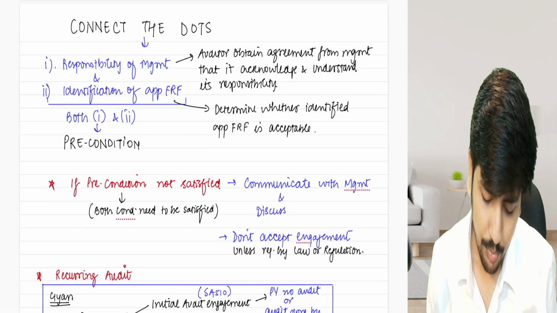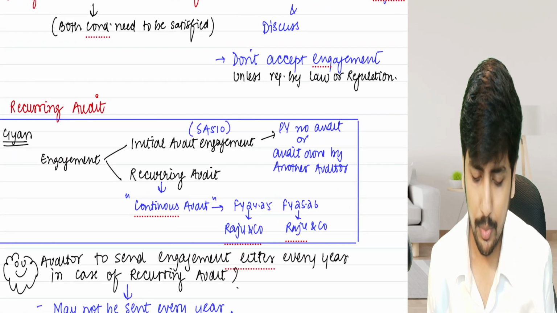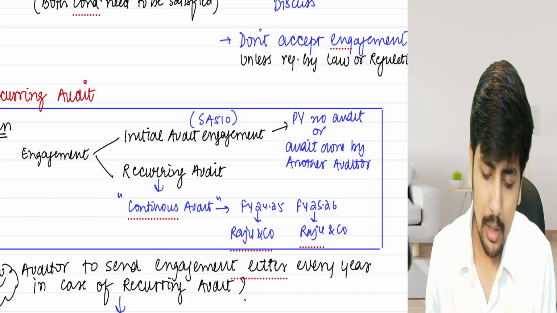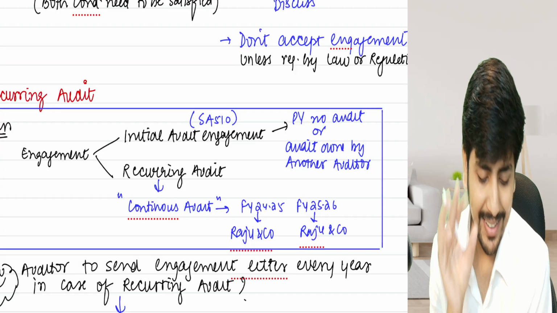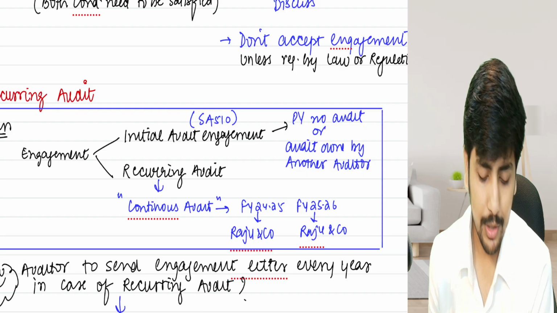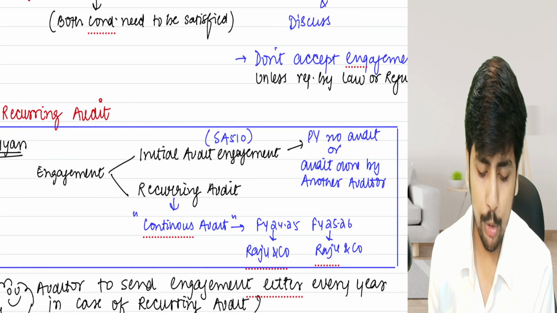Okay, sir. Done. Now let's move to the next part, recurring audit. So first, understand the basic concept. This is a quick revision video and I am giving you conceptual understanding so you can understand my focus on the concept. So first, understand the basic extra knowledge you need to have.